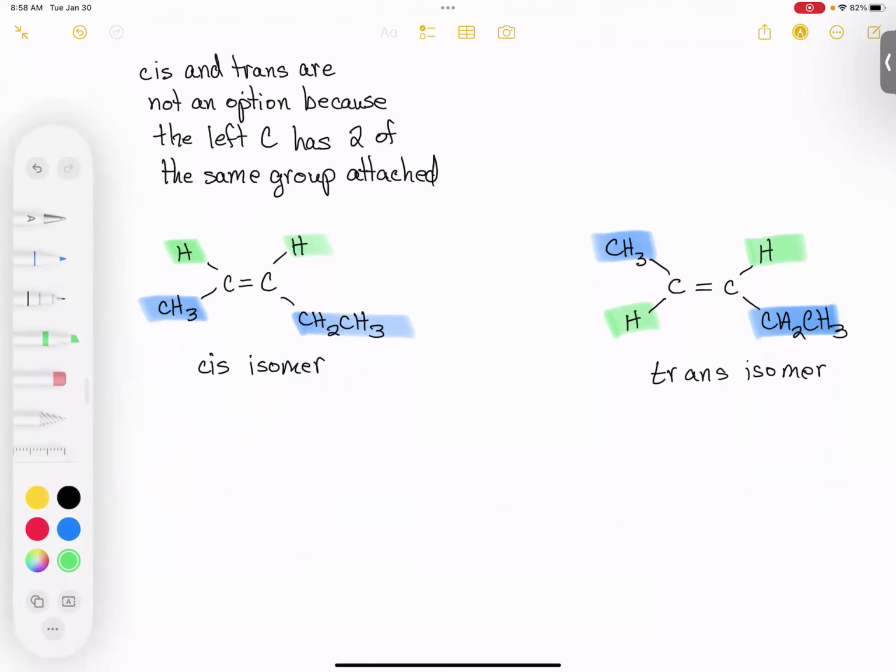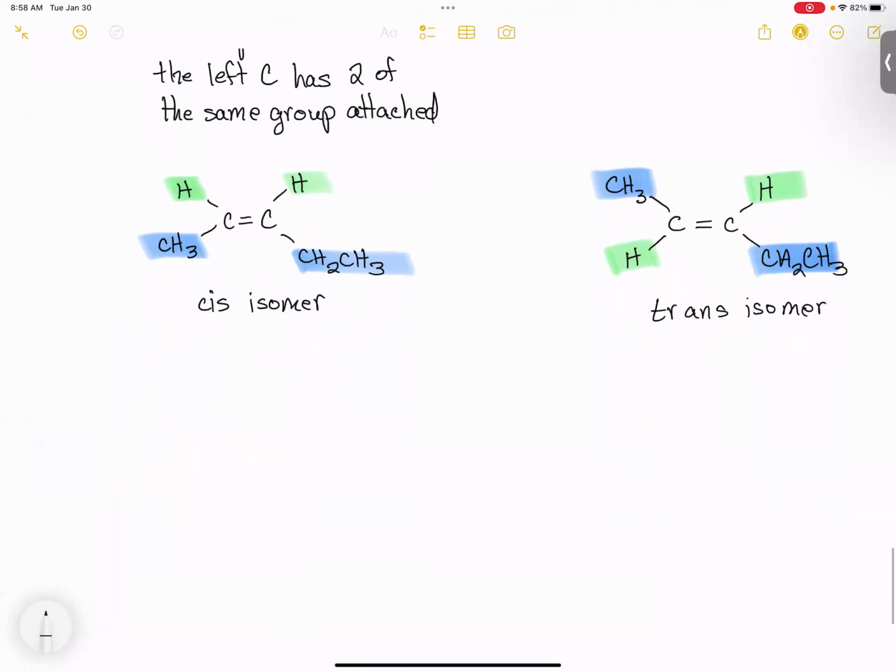So let's look at some examples. Name the following compounds.